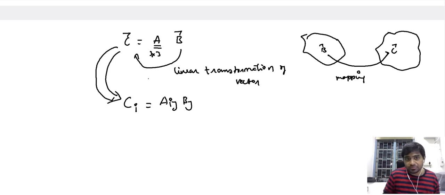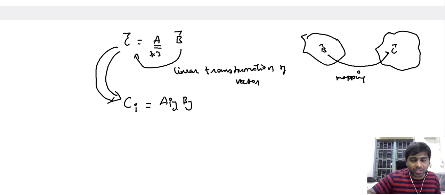The dimension of this matrix will depend on the nature of the matrix that we have considered, but nevertheless, the tensor notation is the way of representing each element of the transformed vector, and it is of this form here.